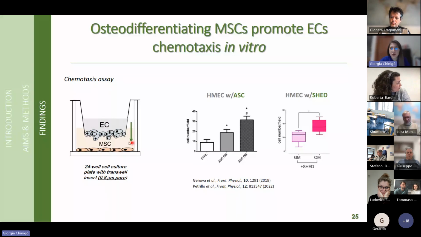In this configuration, we can study the chemoattractive potential of mesenchymal stem cells on endothelial cells. And what we found is, again, that in the presence of mesenchymal stem cells, and in particular osteodifferentiating stem cells, the chemotaxis of HMEC, so their tendency to migrate towards the lower chamber, is more pronounced, both in the case of ASC and in the case of SHED.